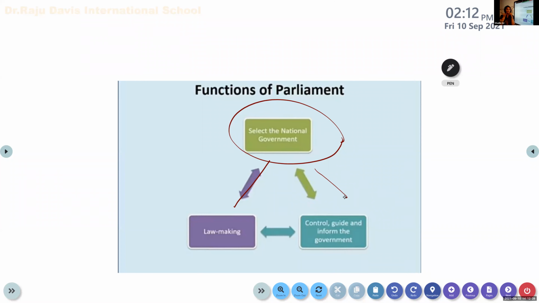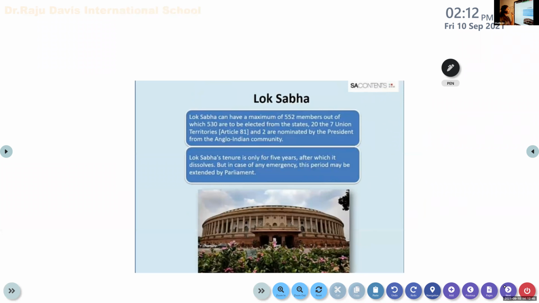First, to select the national government. Second, to frame laws for the entire country. Third, to control and guide the national government. Let us discuss in detail each of the chambers of the parliament.